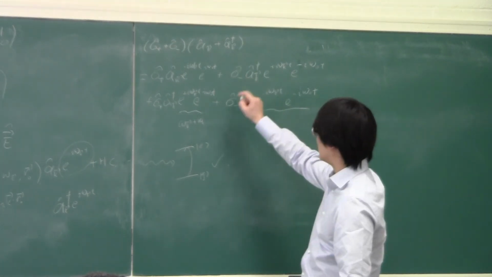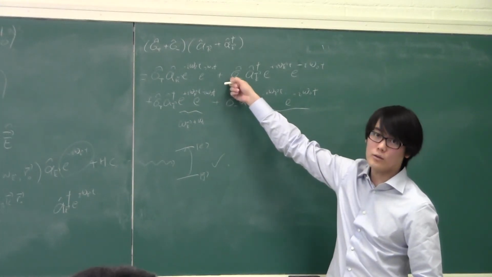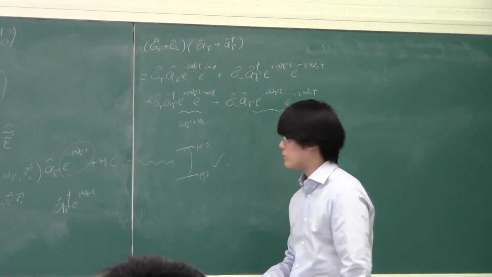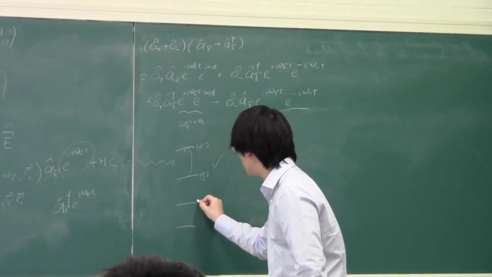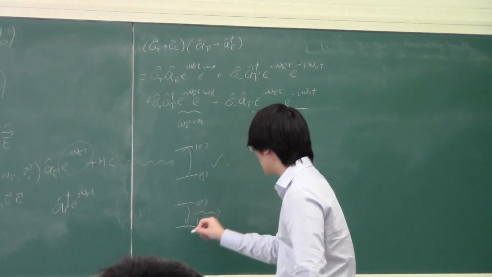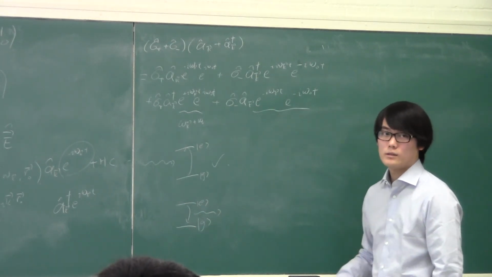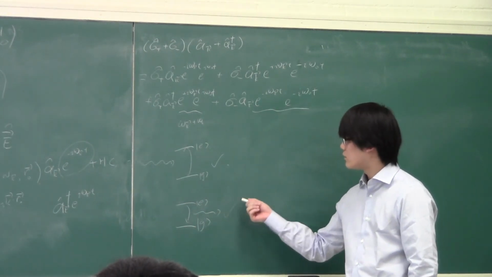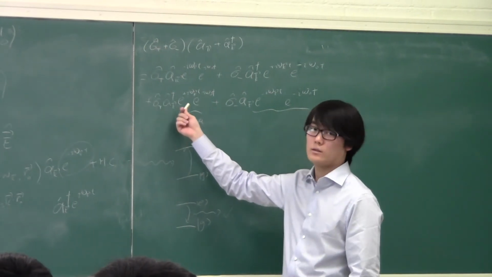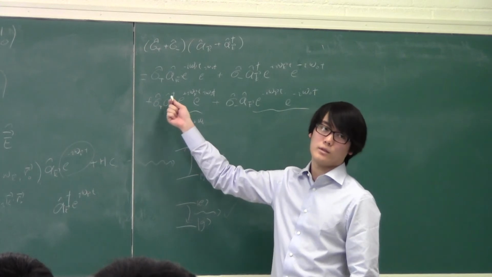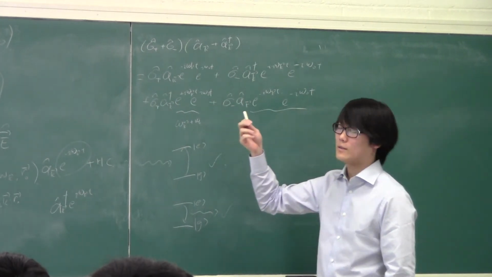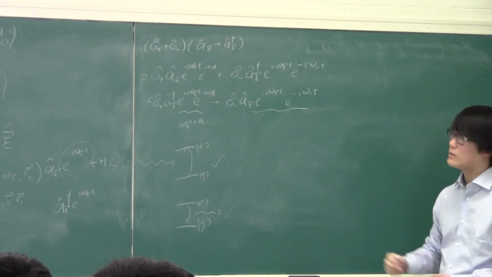Now this term lowers the atomic state and emits a photon. This is just emission. There's a photon emitted. This is also okay. But what about these terms? You excite the atom and simultaneously create a photon. This doesn't happen in the usual, energy conserving sense.